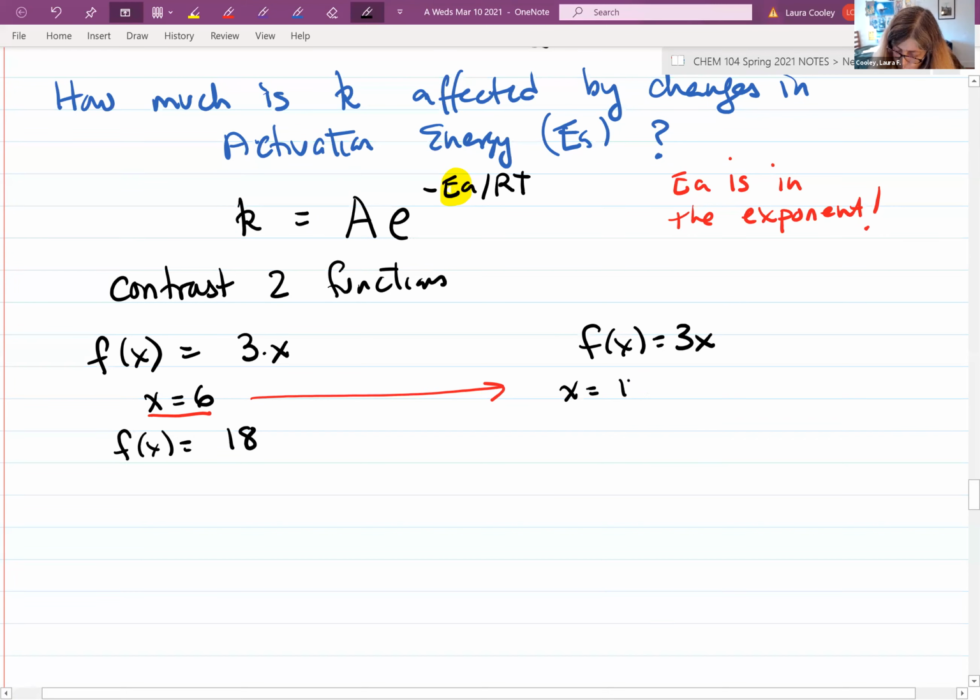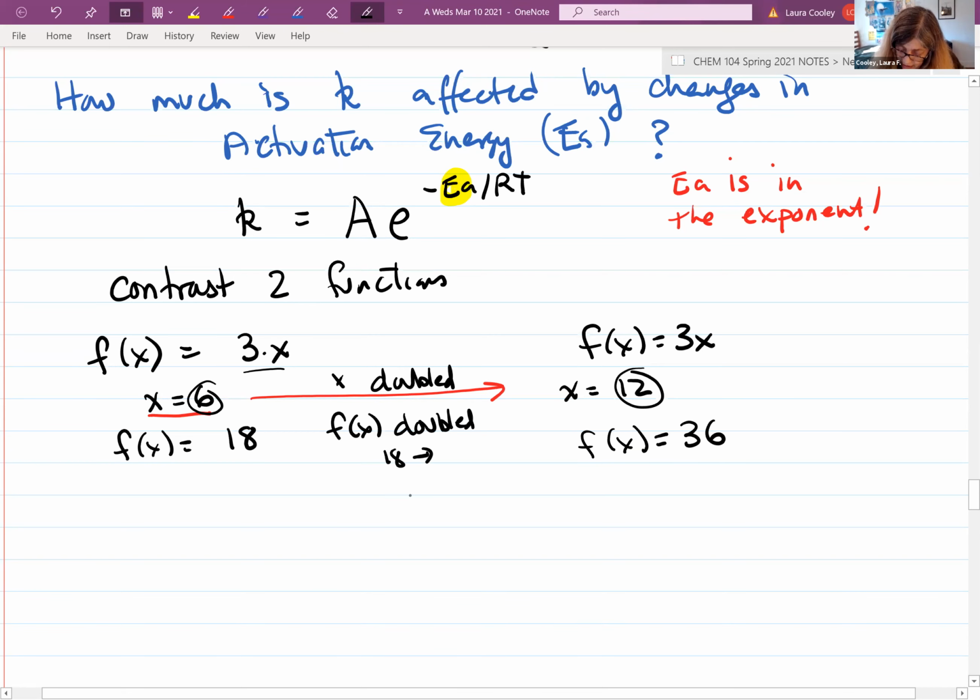Now x is 12. So in other words, going from 6 to 12 with an ordinary function, now I'm multiplying x by 3. So now f of x is 3 times 12 is 36. So x doubled, and f of x also doubled. It went from 18 to 36 when x went from 6 to 12.